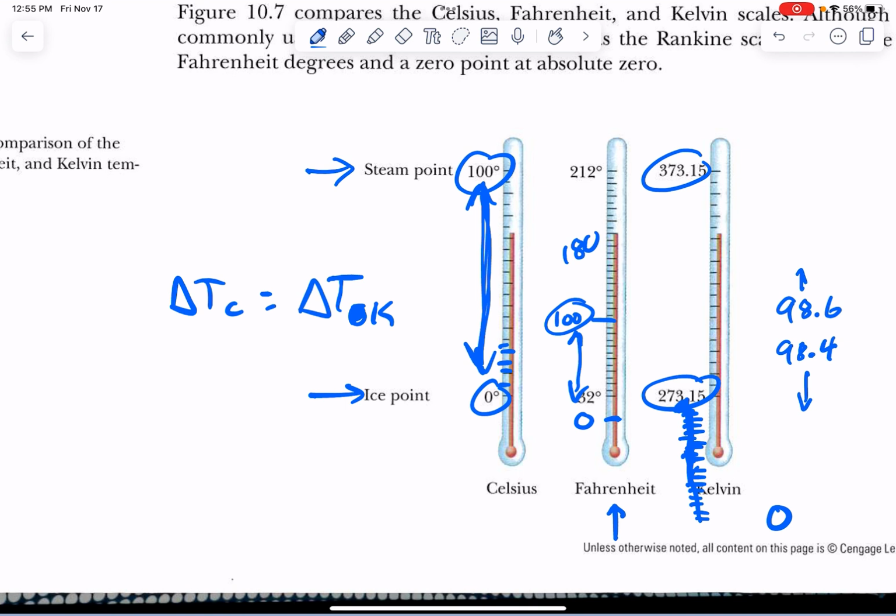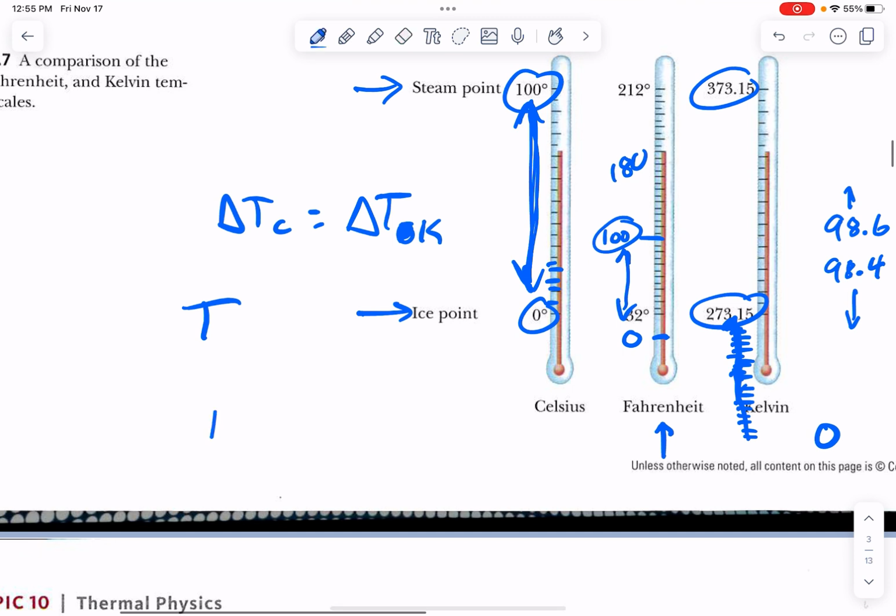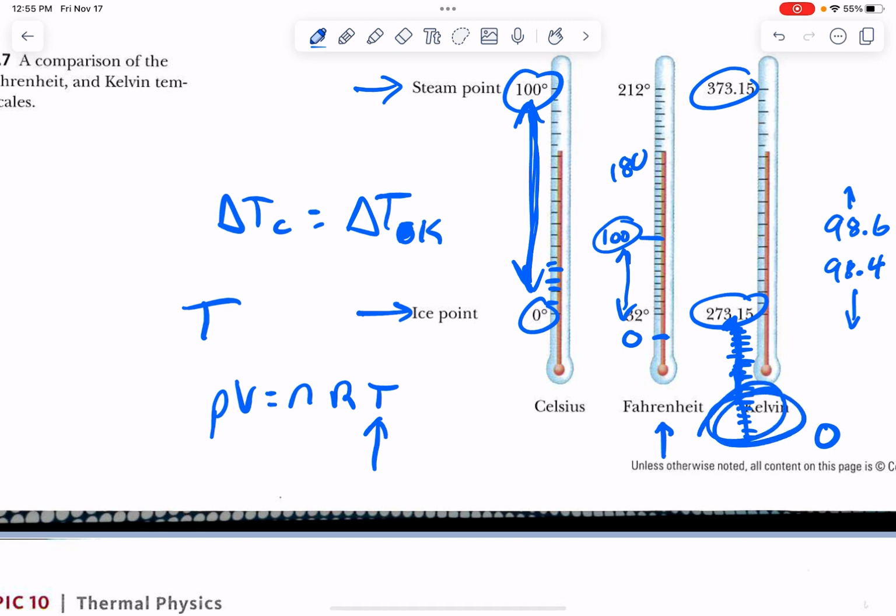Please also note that anytime you're asked to find the temperature and it's in an equation like PV equals nRT, which you people in chemistry might remember, whenever you have just T in the equation, you have to use Kelvin. That's very important. It has to be Kelvin.